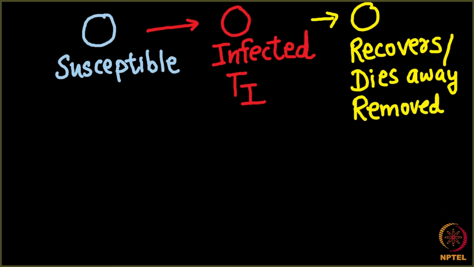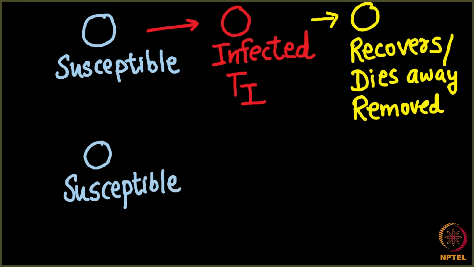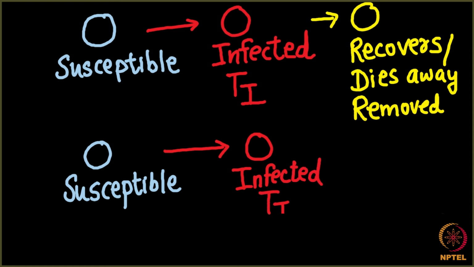And our SIS model was a little bit different. It was for a disease which can infect us time and again, such as a common flu, common cold. So here again we have a node which can be initially susceptible, and then when it comes in contact with an infected person, this node becomes infected, and it remains infected for Ti period of time.